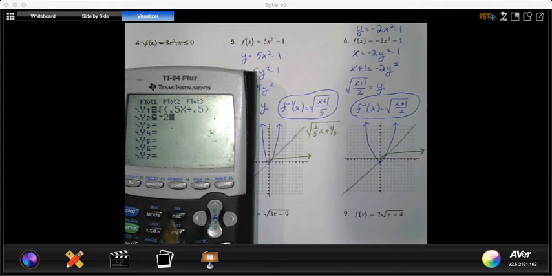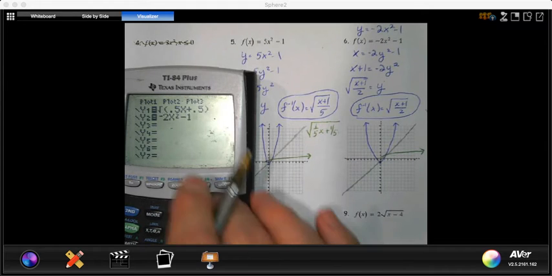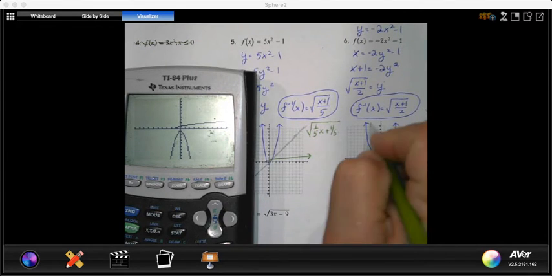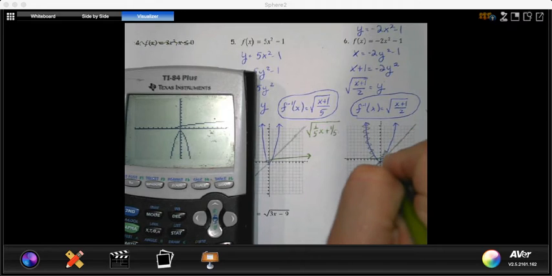So negative 2x squared, negative 2x squared minus 1. So I'll do that one in pencil. So that's this guy. This guy doesn't exist.